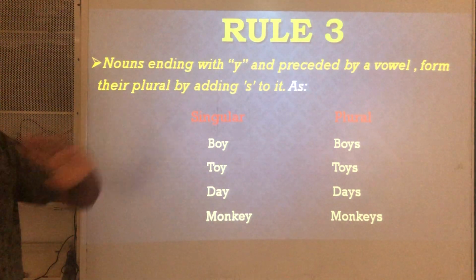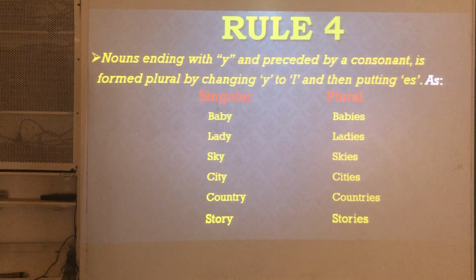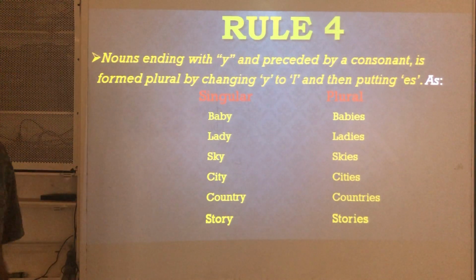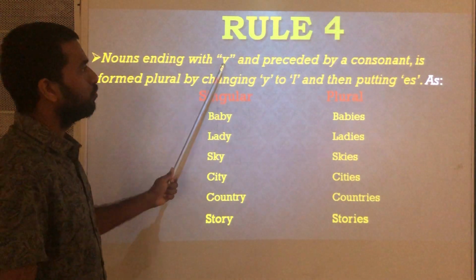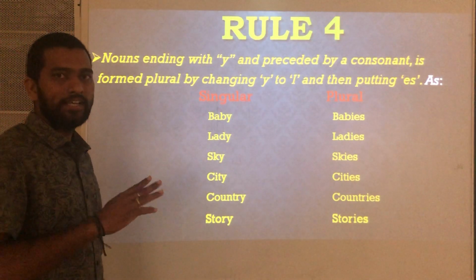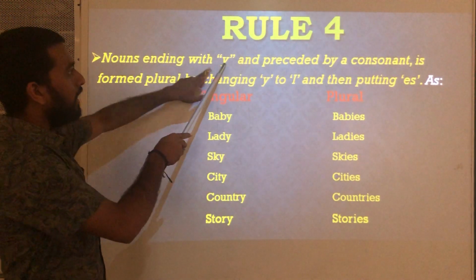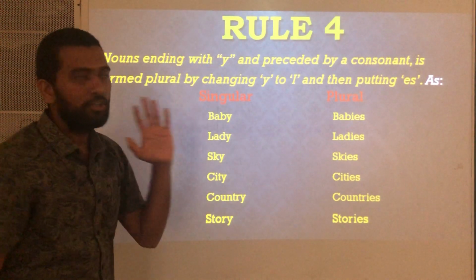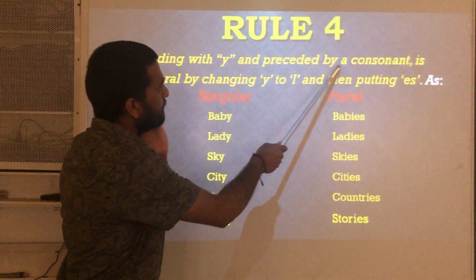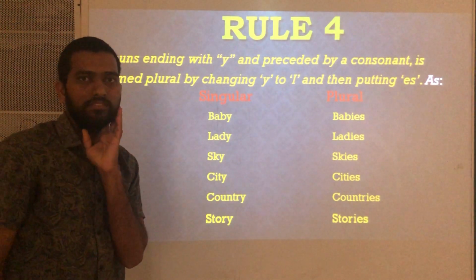Very good. Let us move to the next rule, that is rule 4. What is rule 4? Let us see. Nouns ending with y. In rule 3 the same thing is there, that the noun has y as the last letter, but in rule 4 it is preceded by a consonant. See, in rule 3 there is a vowel, yes or no?